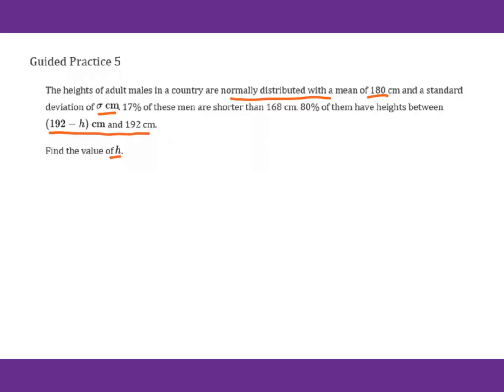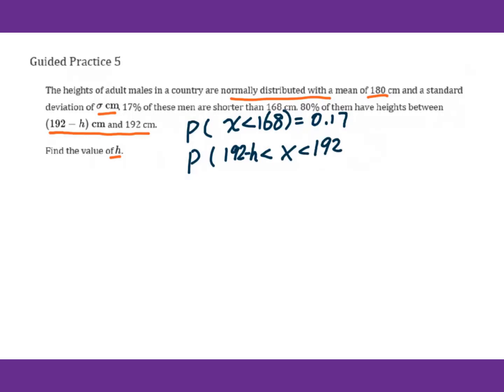According to the given information, we can write down probability x less than 168 equals 0.17. And then the probability x is greater than 192 minus h and less than 192 equals 0.8.